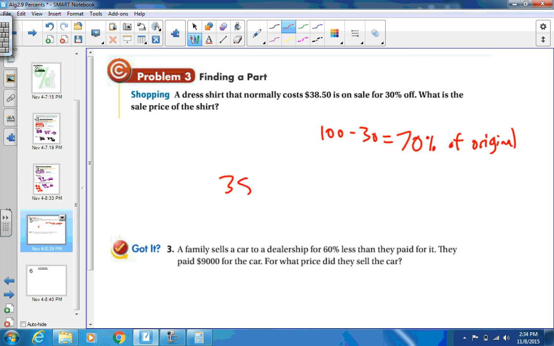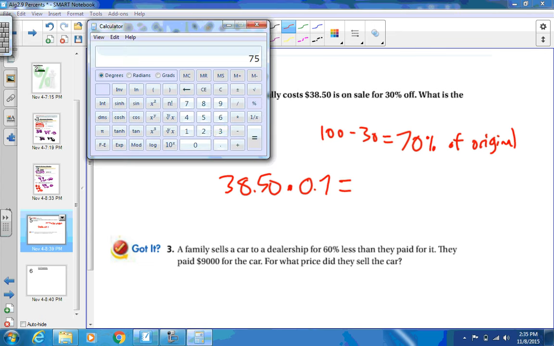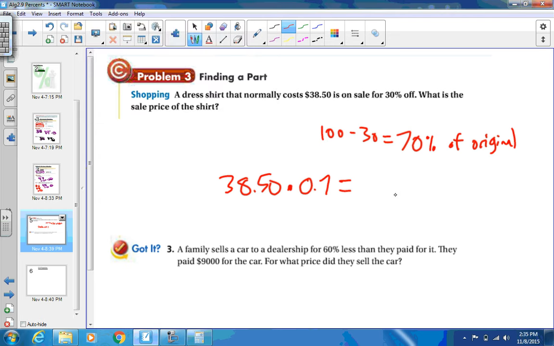So you do 38.50 times 70%, which is the same as 0.7. Okay, 70% of 38.50. That would just be multiplying the two together. And 38.50 times 0.7 is 26.95.